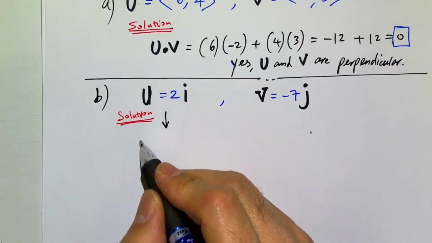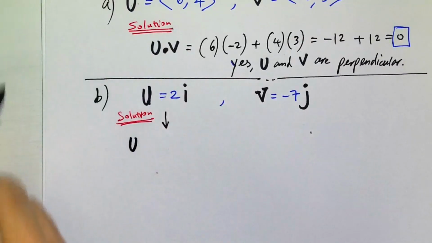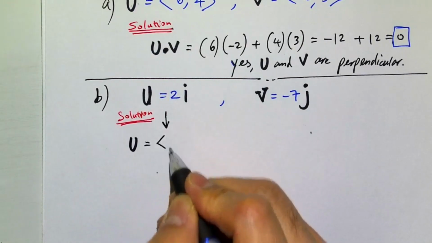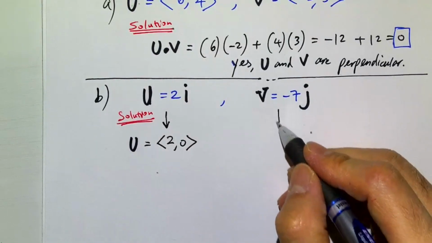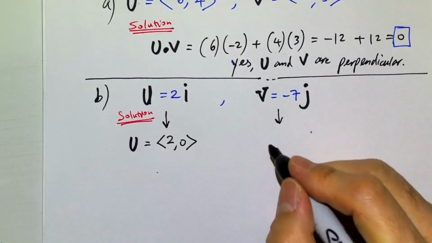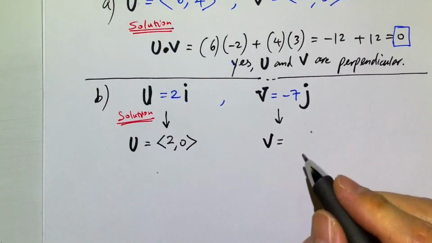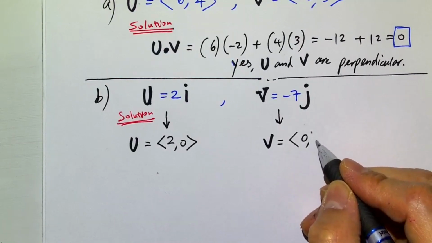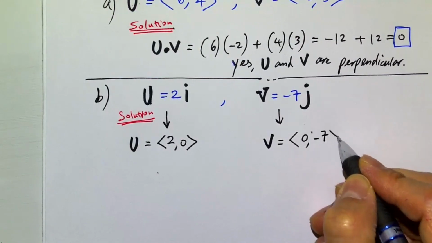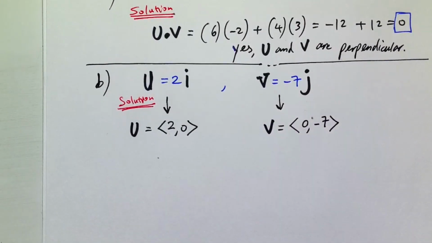So from here we know that u is equal to 2 comma 0, right? And from here we know that v, or vector v, is equal to 0 comma negative 7. Okay, so let's take the dot product.